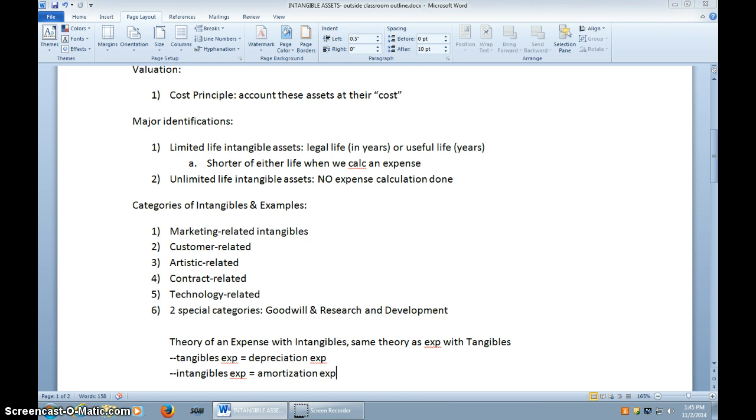The theory is the same. You're going to see the calculation is very similar, but tangibles, machinery, equipment, buildings, vehicles, etc., is called depreciation expense, as we saw earlier, and the expense associated with intangibles is referred to as amortization expense.